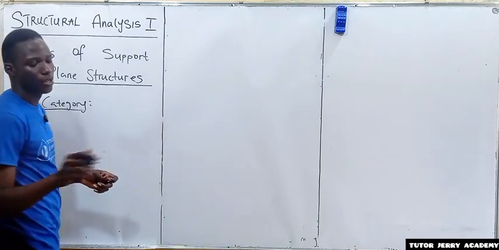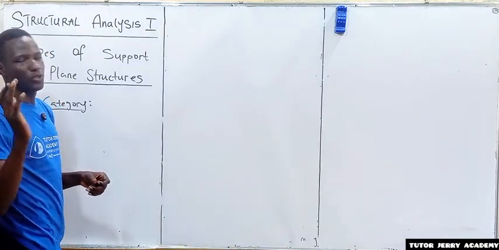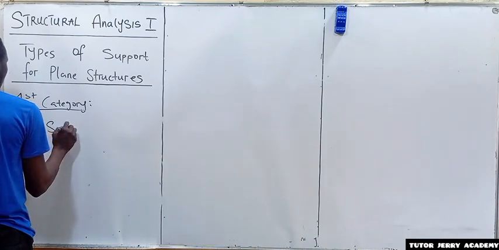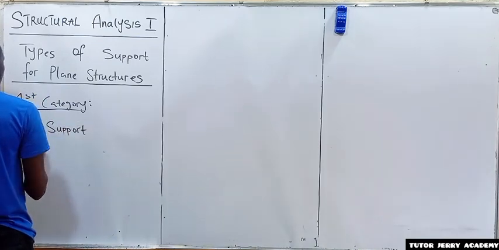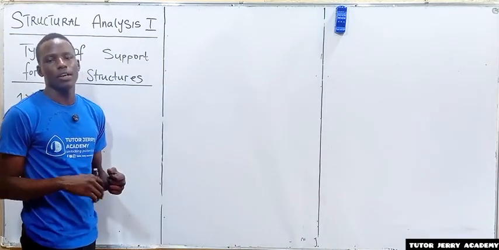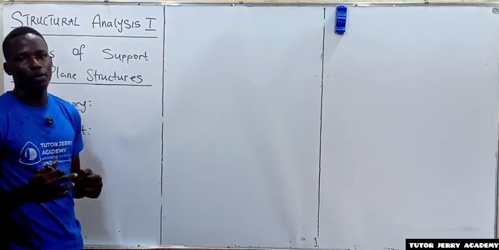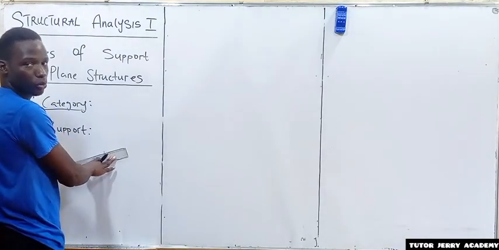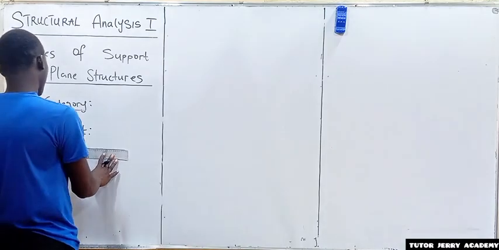Under the first category, we have our roller support. Now, how do we draw a roller support? So this is the diagram of a roller support. Look closely at the diagram of the roller support. We have this.